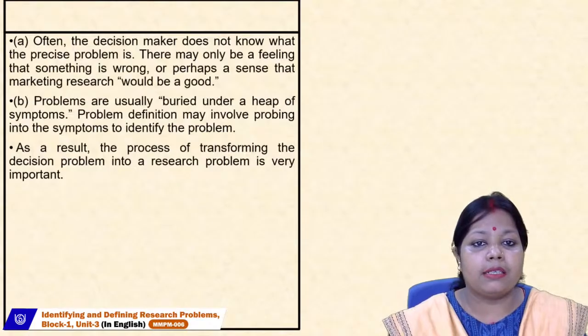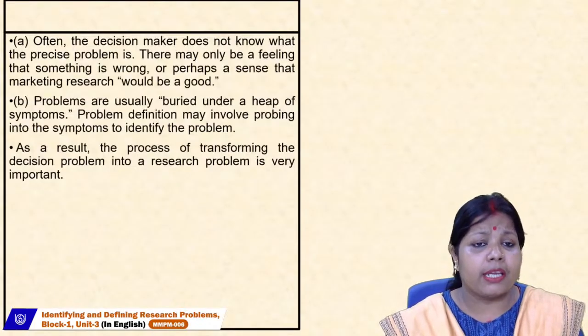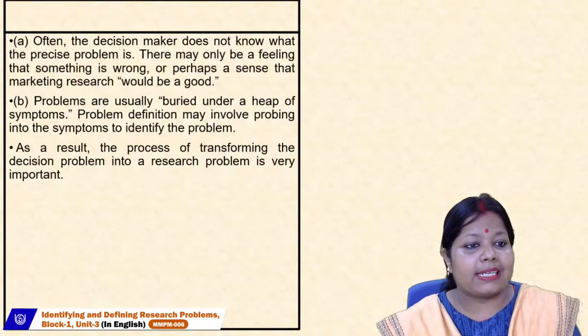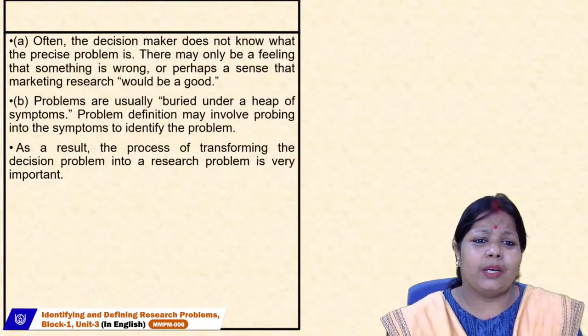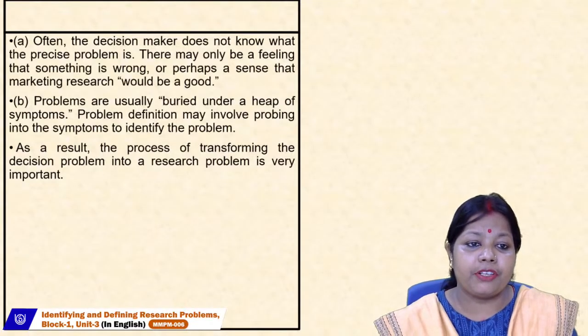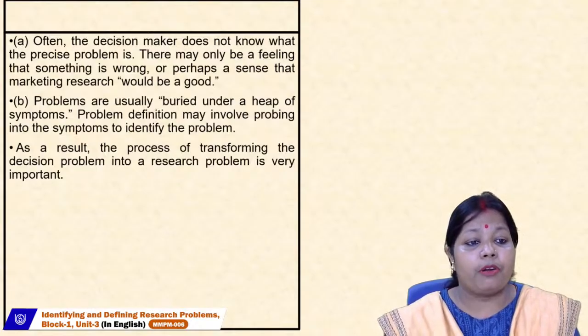Often the decision makers do not know what the precise problem is. There may only be a feeling that something is wrong, or perhaps a sense that marketing research would be good. Also, problems are usually buried under a heap of symptoms. So problem identification or problem definition may involve probing into the symptoms to identify the problem.